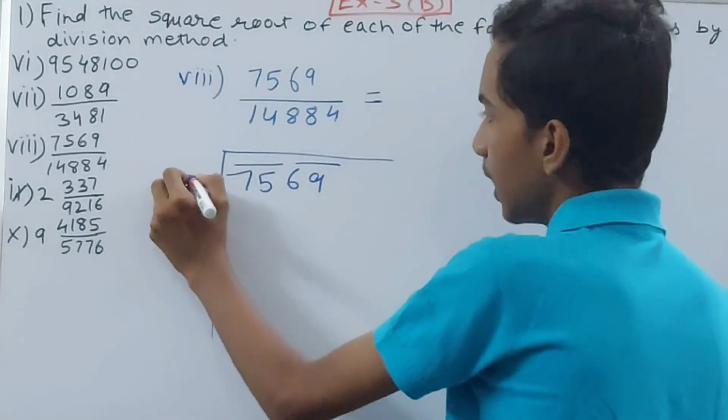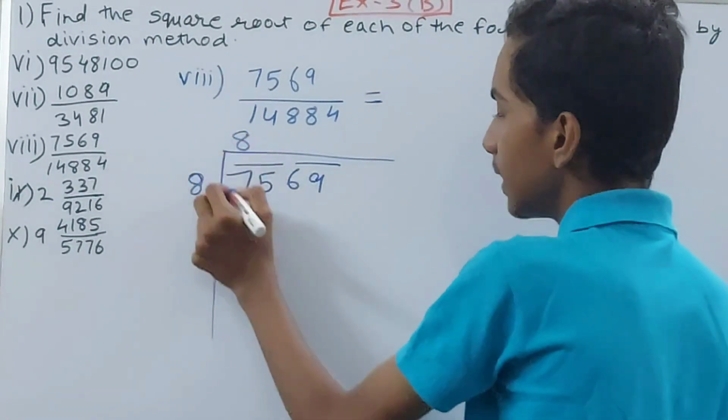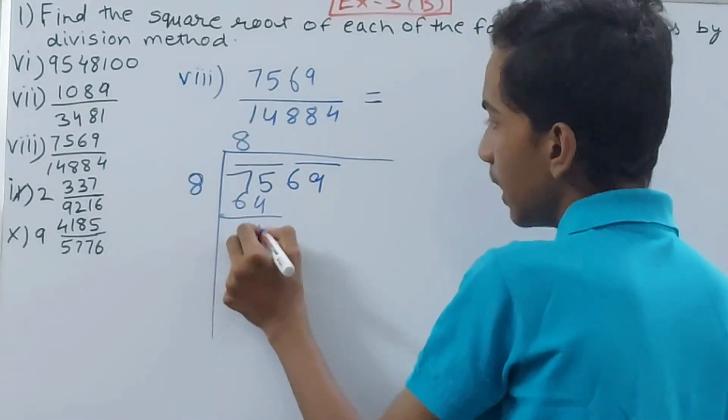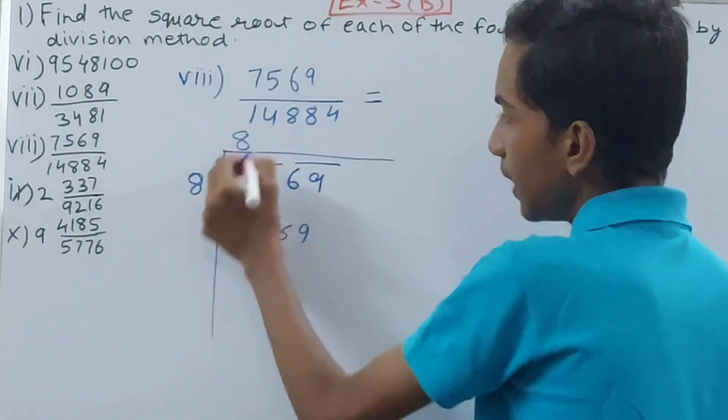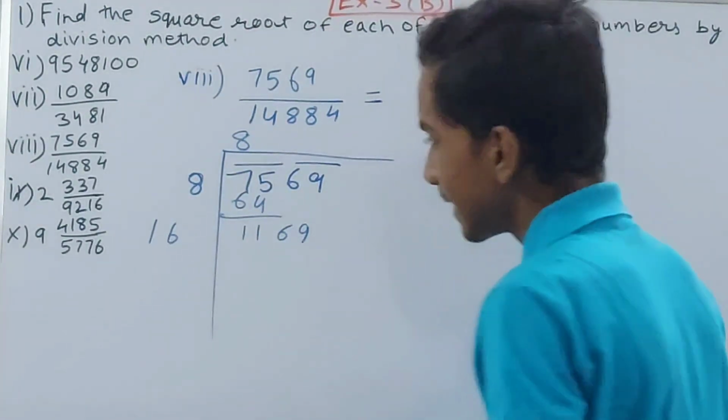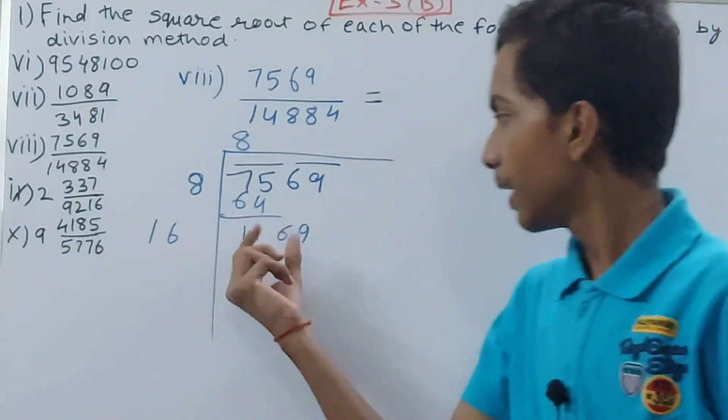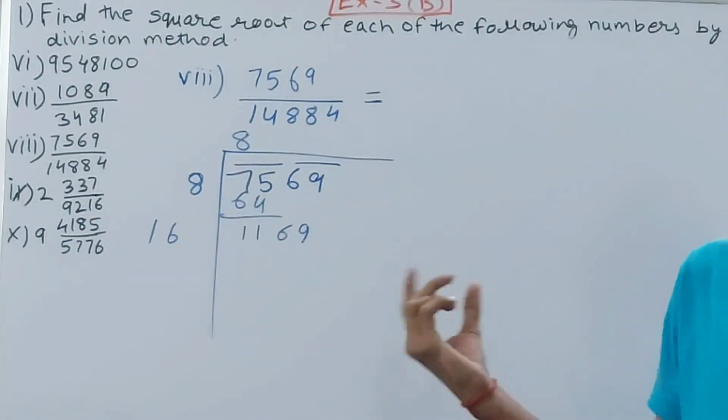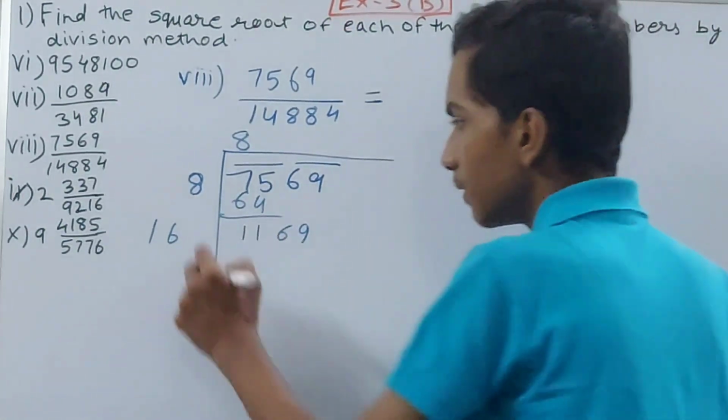That will be 8, 64, 11 and 69. 8 into 2, 16. Now 16 here and 1169 on the other side. So let's see, will this go by 7?